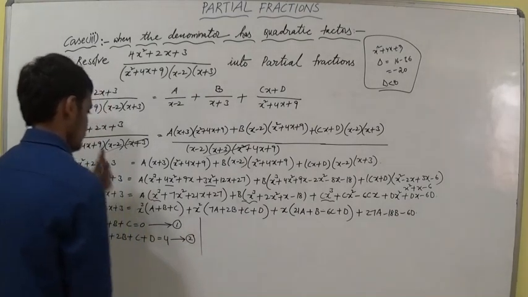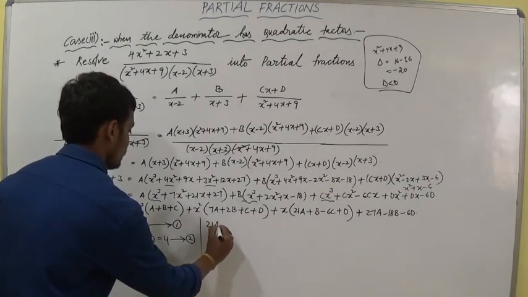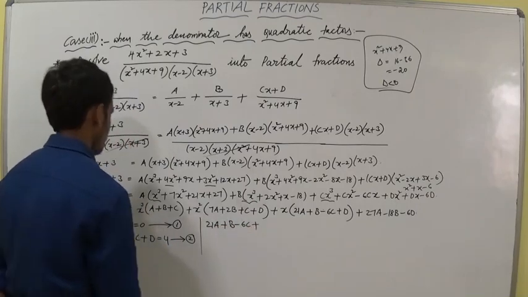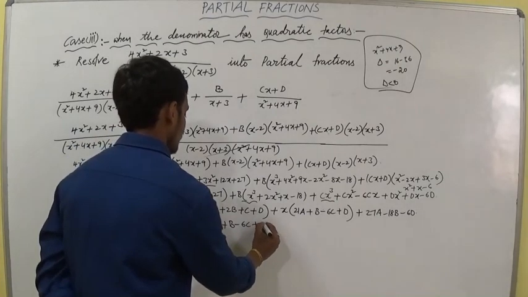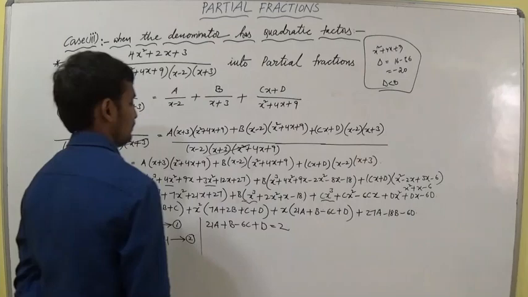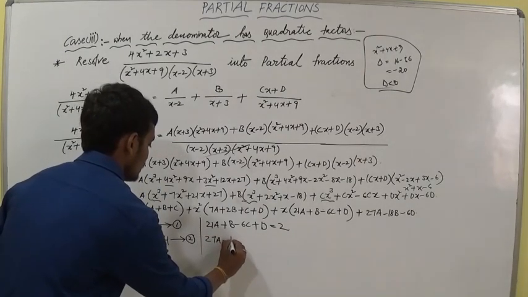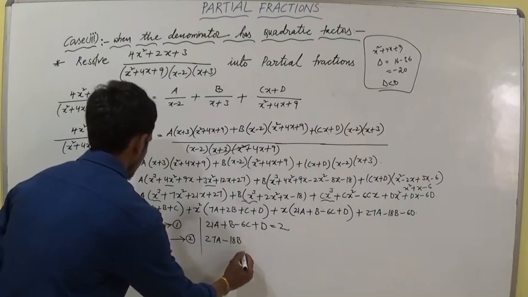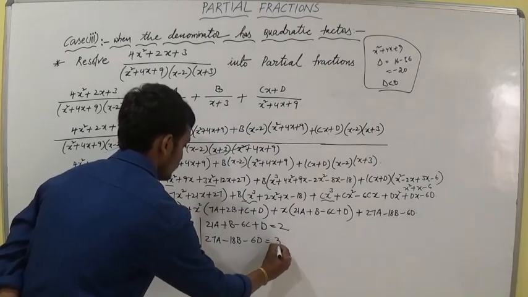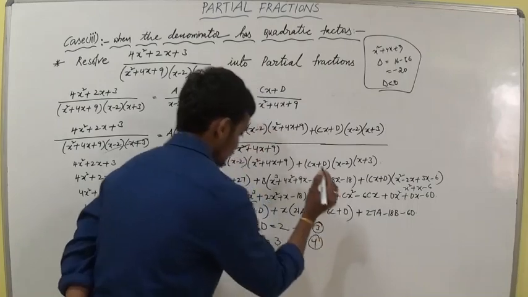The same way x coefficients: 21A plus B minus 6C plus D is equal to, x coefficient is 2, and the constant terms 27A minus 18B minus 6D is equal to 3. This is equation number 3. This is equation number 4.